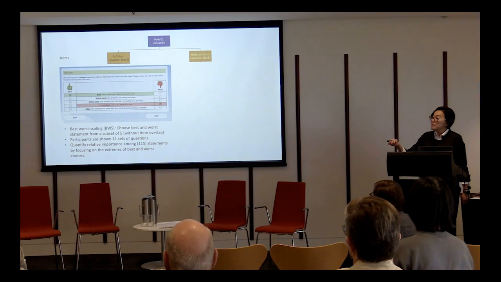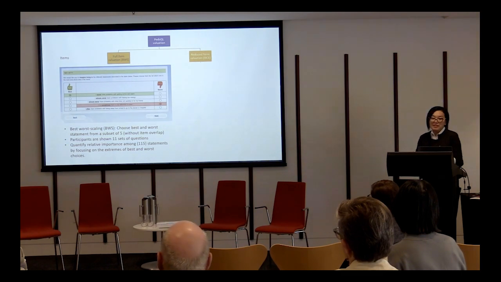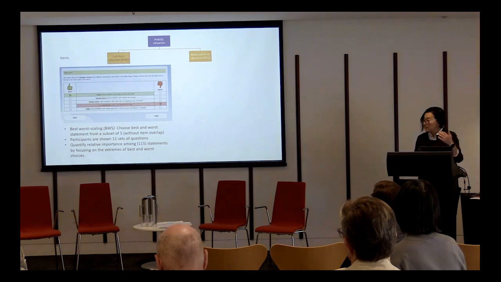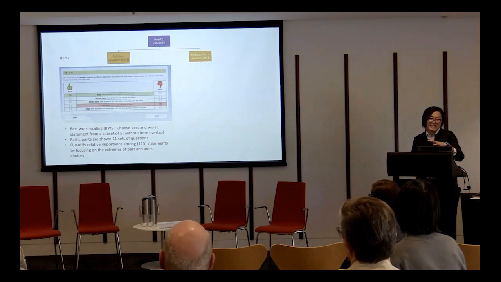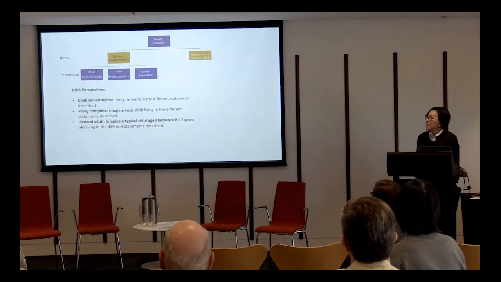Basically, you're choosing best and worst out of a subset of statements, and we ask them multiple questions like this, so that effectively what we're getting across people is a relative importance across all statements. Statements being, well, we've got 115 statements because we've got 23 items, 5 levels each. So that's 115 statements.